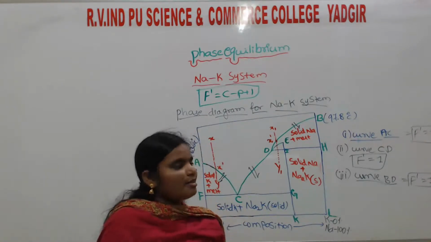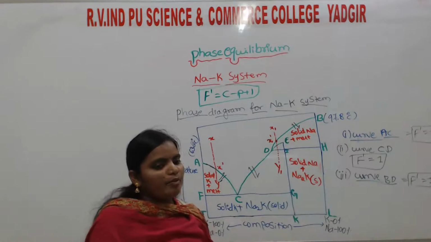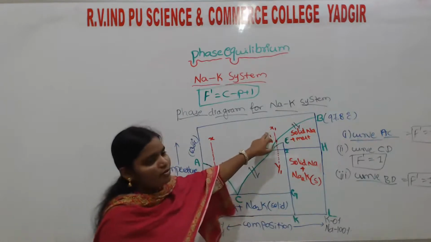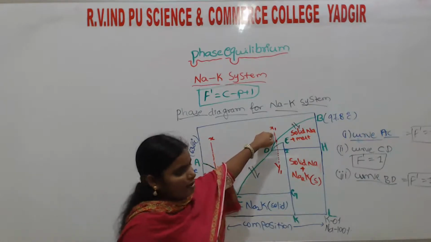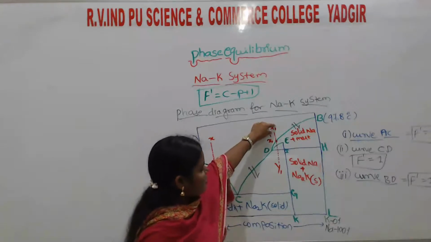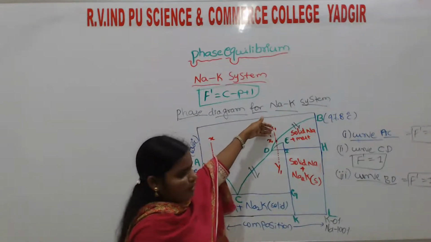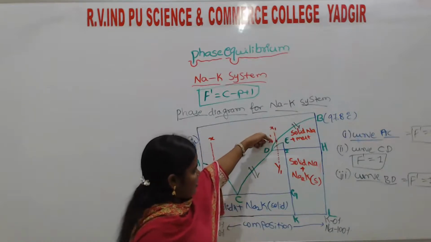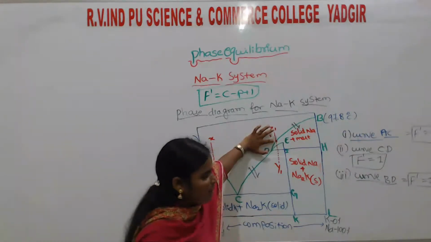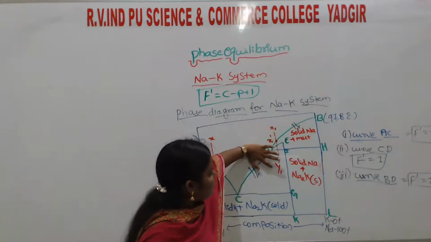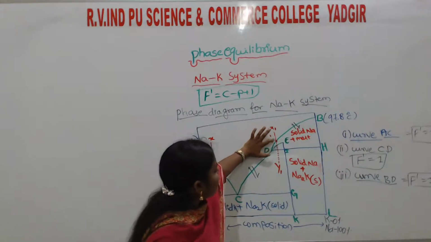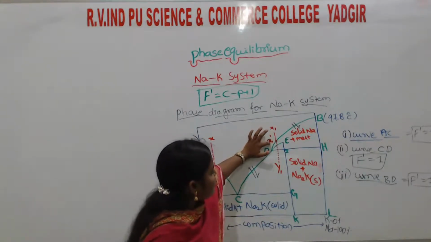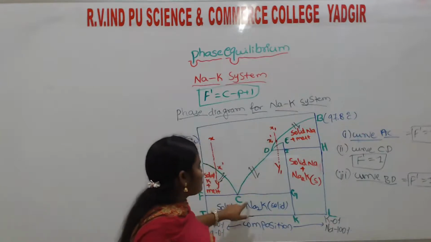Next, similarly consider the point x1 in the melt area. Consider the point x1 dash. As it gradually decreases and reaches this curve, it will not follow the x1 y1 path; it follows x1 dash c.